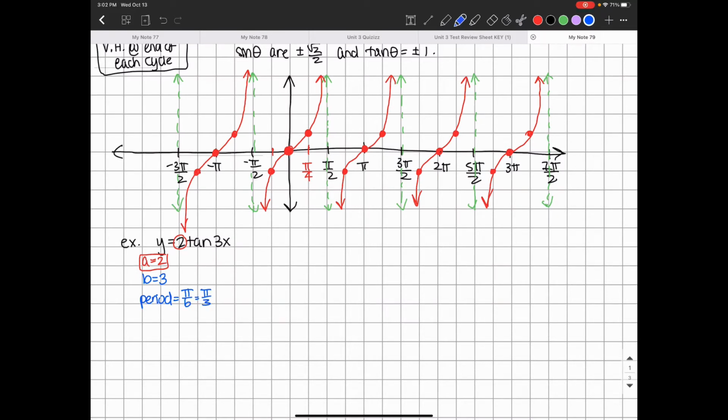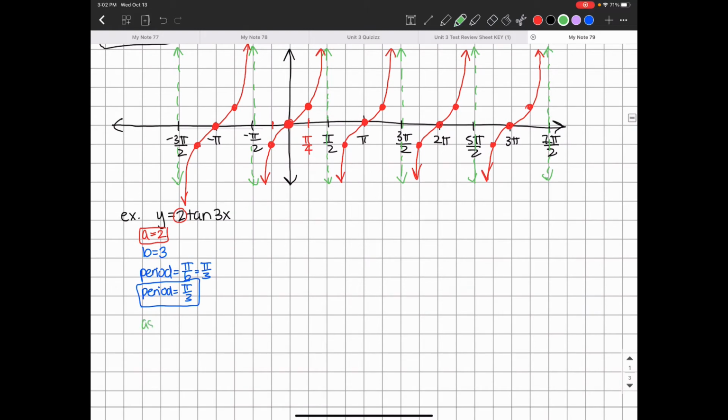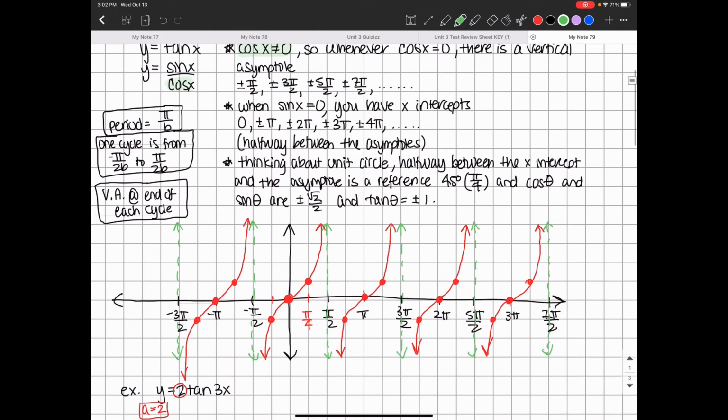And I'm going to use the period being pi over 3 to find what the asymptotes would be. One cycle is from -pi over 2b to pi over 2b.